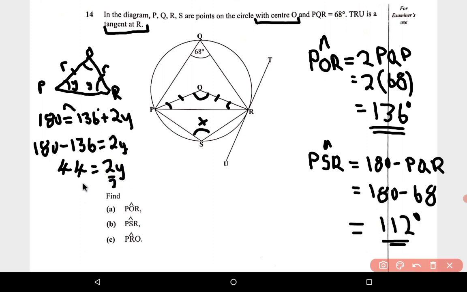Over 2, over 2, cancel this, so y happens to be 22. Therefore, PRO is 22 degrees. I think that was all in this question. It was a very simple question, the simplest I've seen under circle theorem. Hope you've understood. Let's go to the next question.